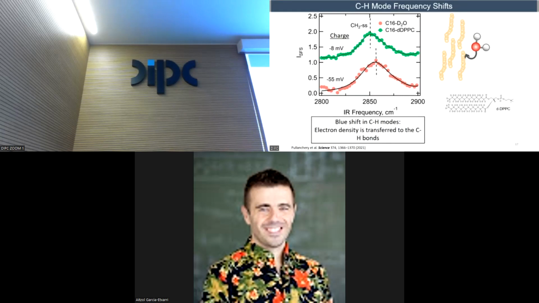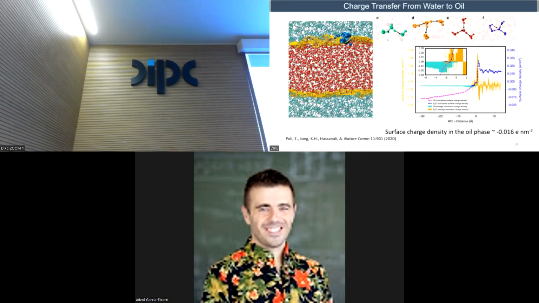So as I said, now we have correlations that we see, right? We have the interfacial OD bond that shifted in one direction. We have the interfacial CH bonds that shifted in another direction. So when we put it all together, we came up with the idea that we have charge transfer from the interfacial OD bonds to the interfacial CH of the oil.